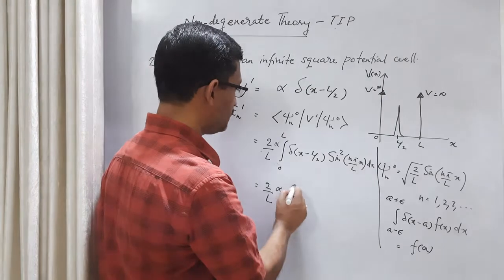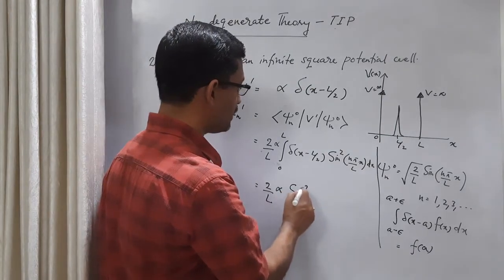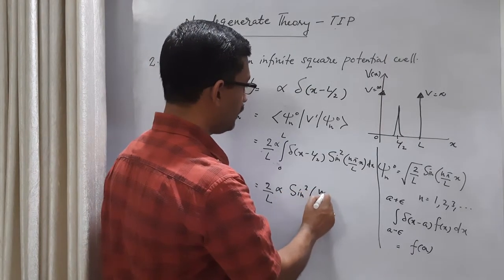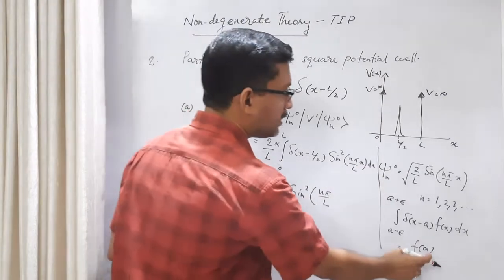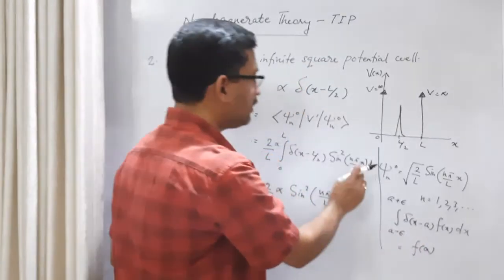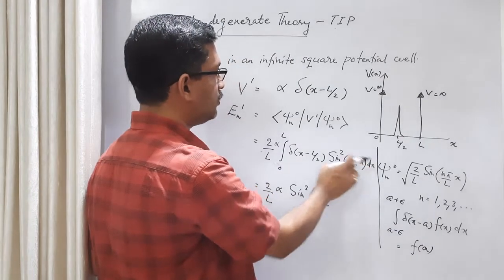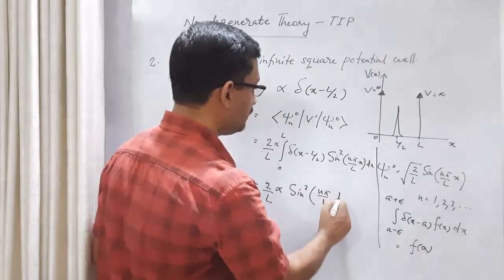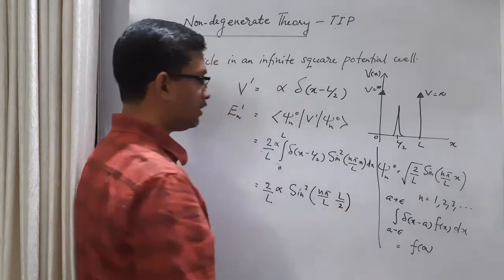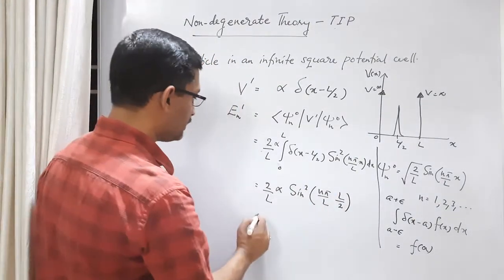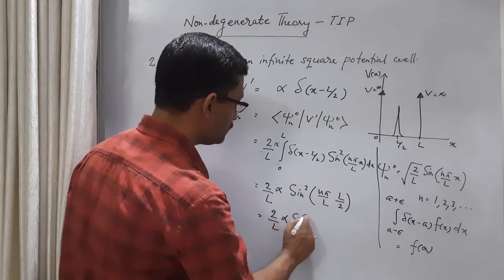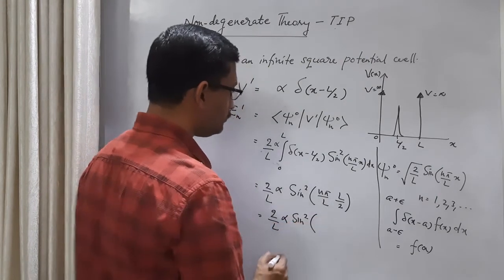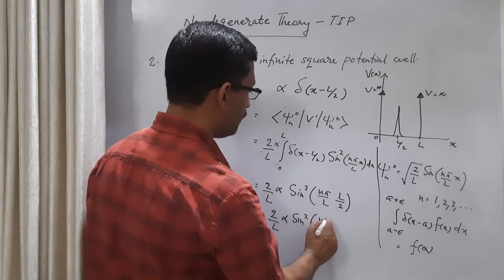So what you get is the function, which function? Sine square(n pi x by L), so you get f(x) at x equal to a. That is, this function at x equal to L by 2. So instead of x, I substitute L by 2. This is the result. So L will cancel. What you get is 2 by L alpha sin square(n pi by 2).